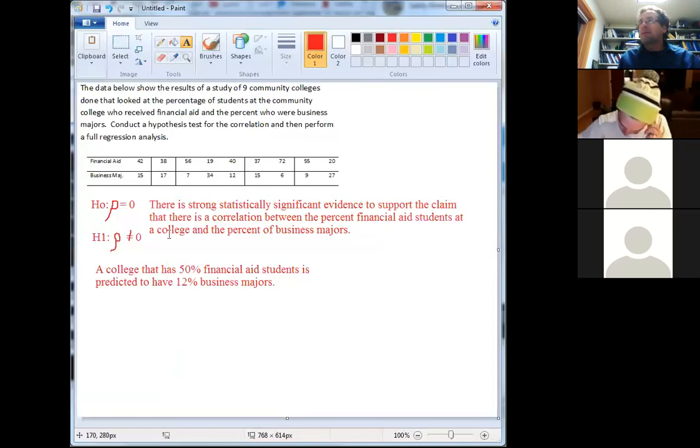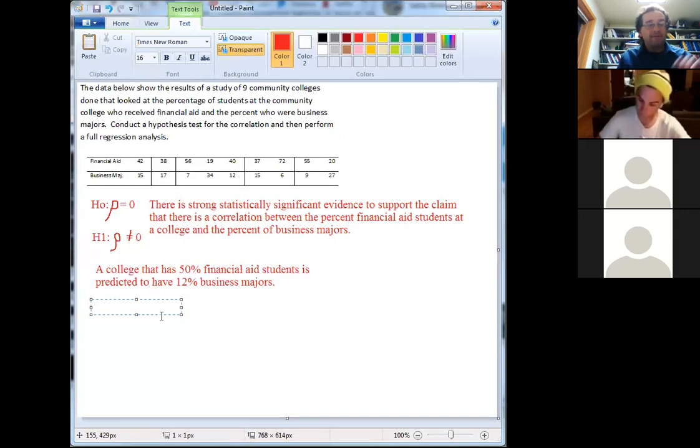All right, next, let's interpret the slope. So again, the slope was negative 0.5.